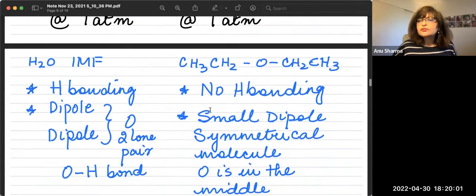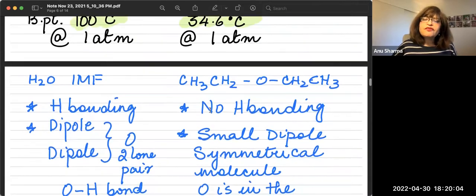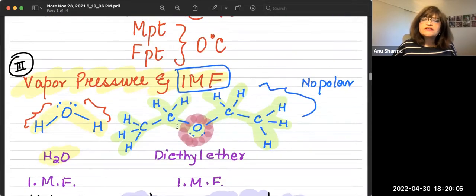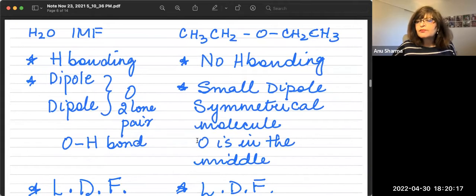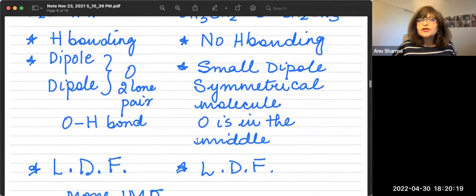So no hydrogen bonding, and this is fine. This is a symmetrical molecule. And yes, there is a lone pair here, and a more electronegative oxygen, so the polarity is in the middle. So there is some dipole-dipole, but it's a small dipole-dipole in this molecule. Water has a bigger dipole-dipole.